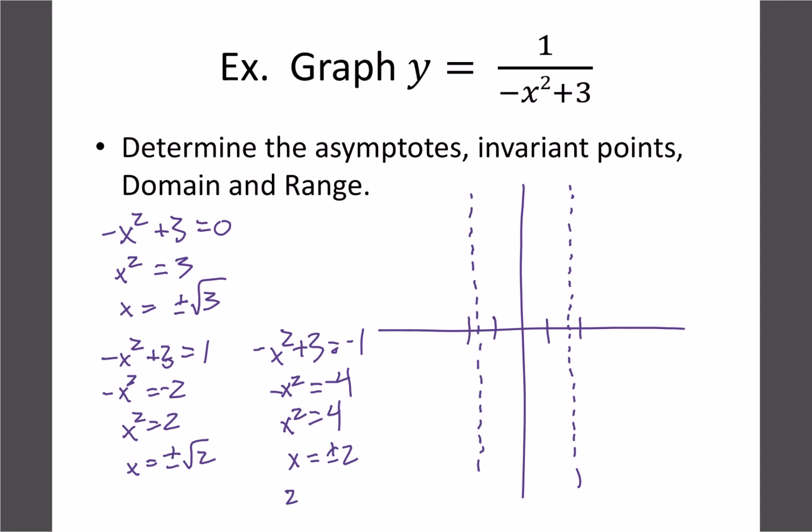So 2, -1 is one coordinate, -2, -1 is the other. And then we have root 2, 1 and negative root 2, 1. So 2, -1 is down here, -2, -1 would be somewhere down there. Our positive ones are at root 2, which is like 1.4, so we'd have there and approximately there.